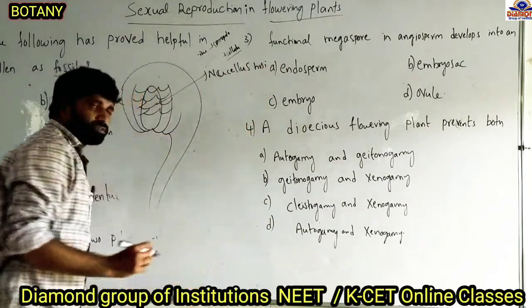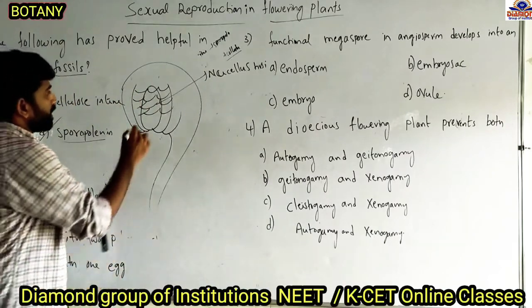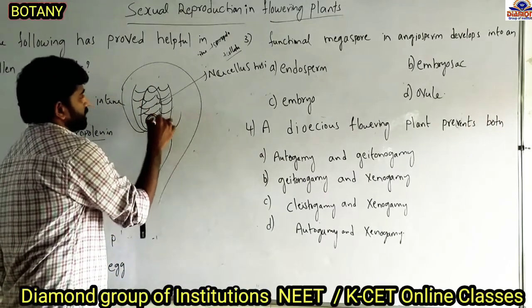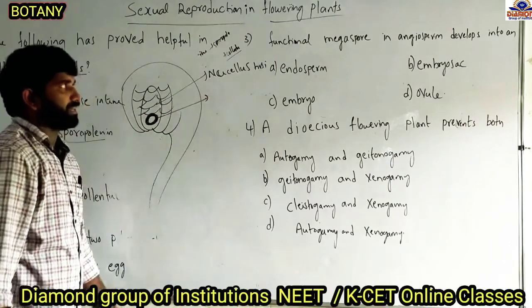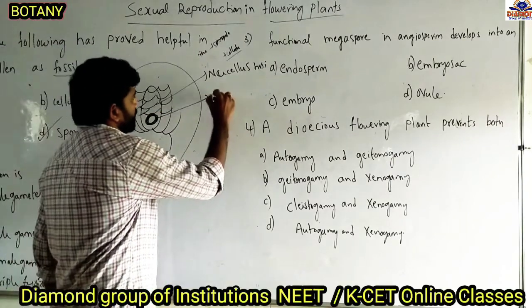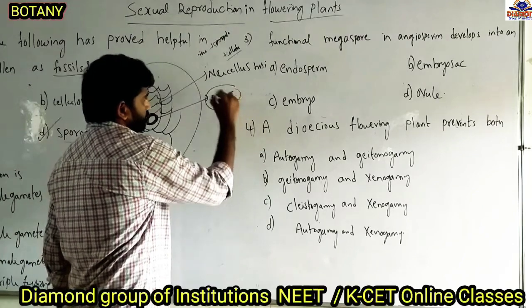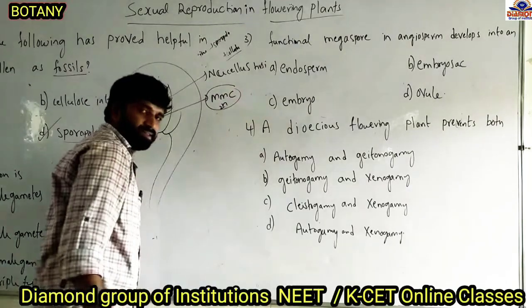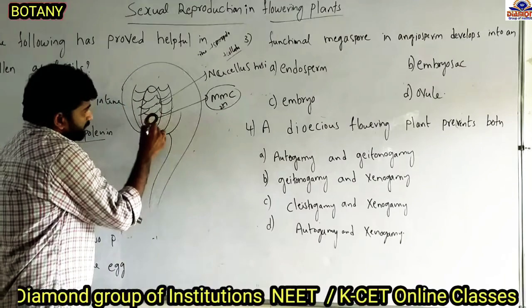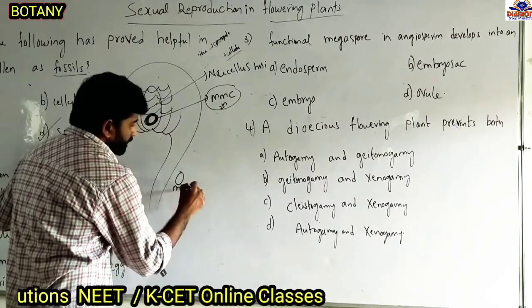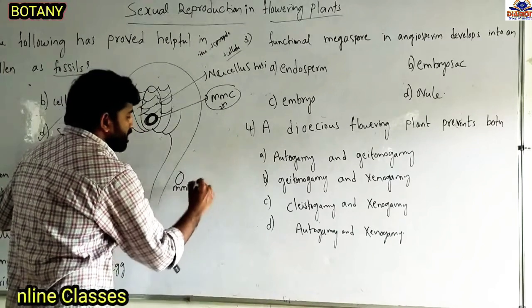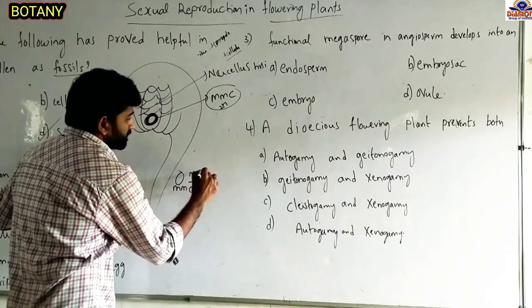From this nucellus tissue, one of the nucellus cells can act as a megaspore mother cell. It's diploid. This megaspore mother cell, the MMC, can undergo meiotic division, meiosis.